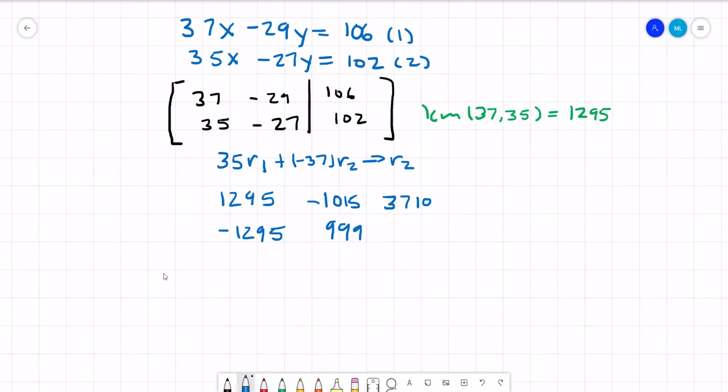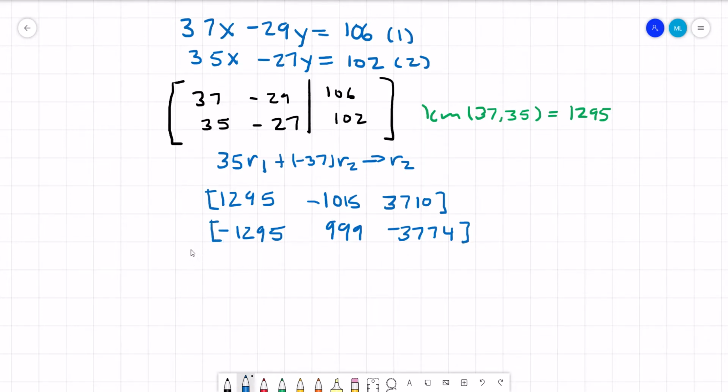And then finally, you take your 102 and multiply by negative 37, which gives you negative 3774.